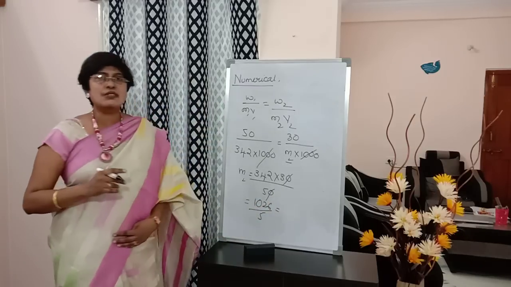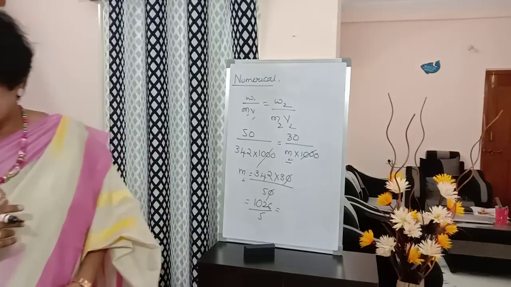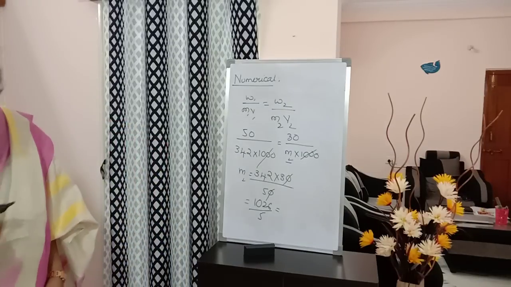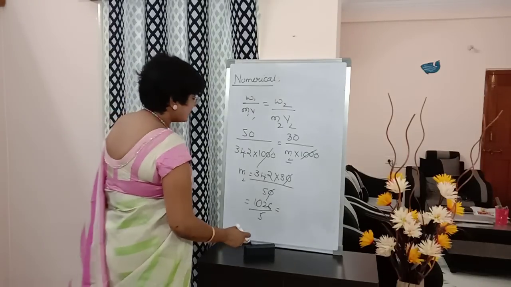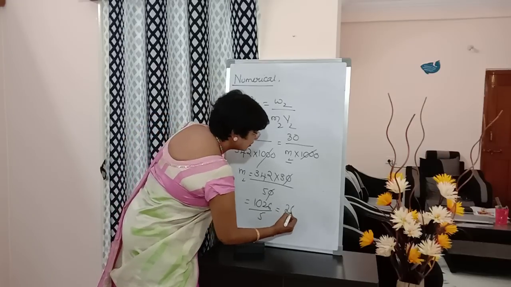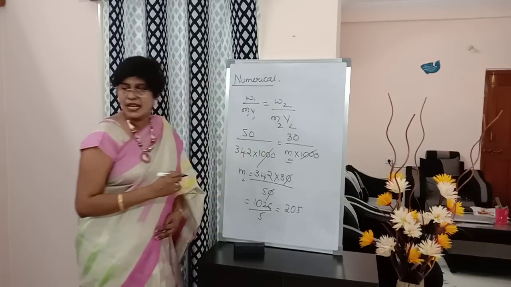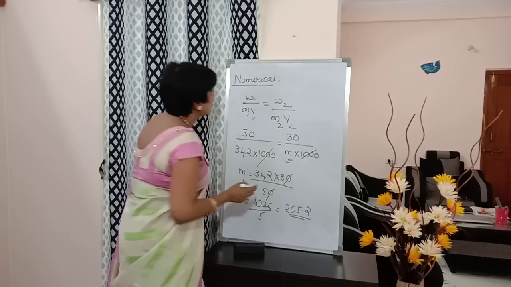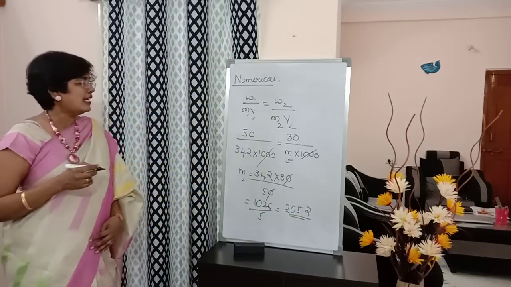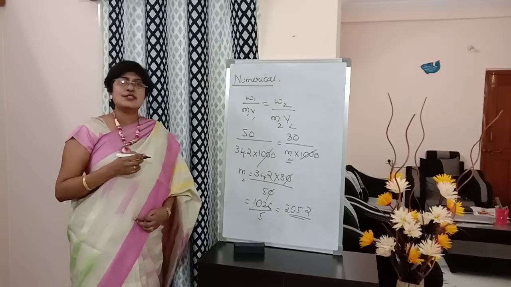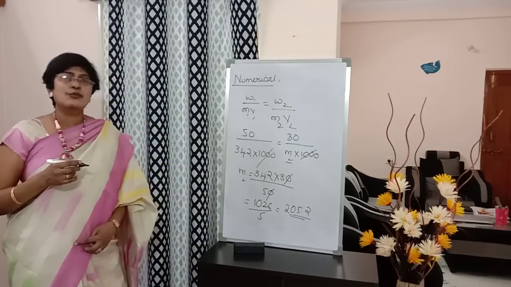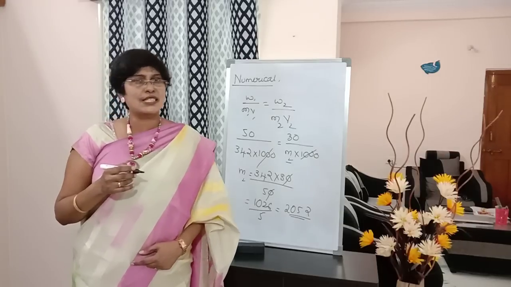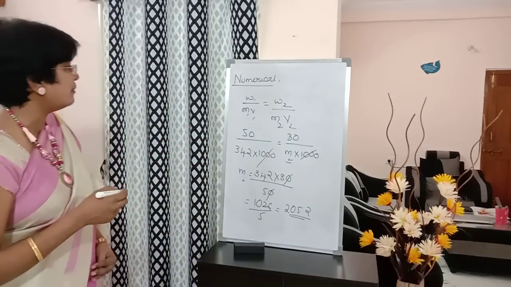By 5. 1026 by 5. So when you divide, you will get the value 205.2. Okay. So this is the way we calculate or we can determine molecular weight when the isotonic solutions are given. Kindly note down carefully students.